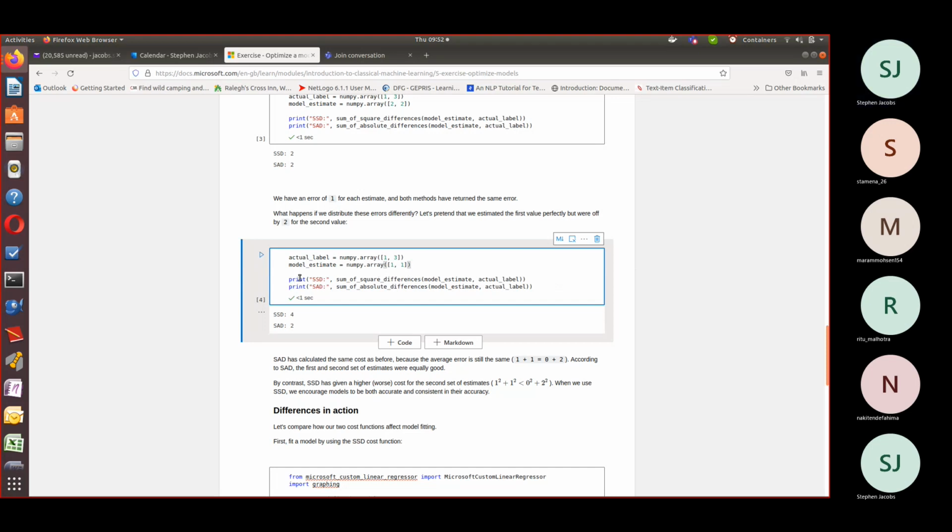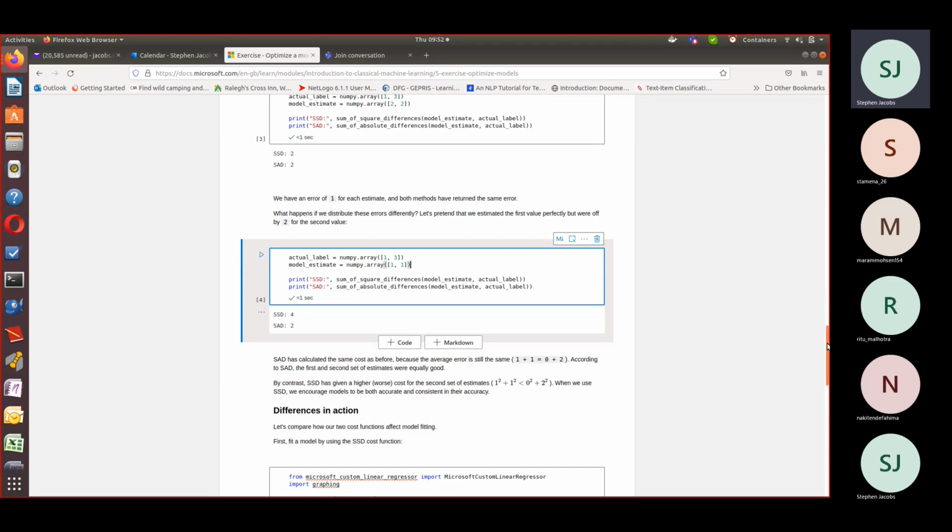And we can see that for a simple difference of 2 here, the sum of the absolutes obviously is 2, but the sum of the squared differences is 4 because the difference is 2. Square it, you get 4, and we've only got one value, which is why it's staying that way.